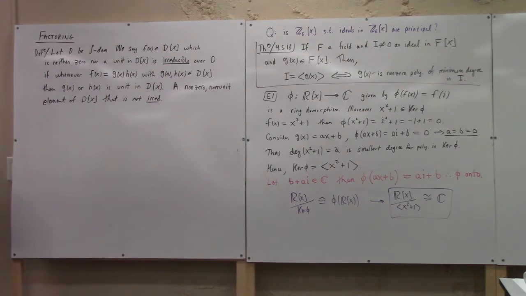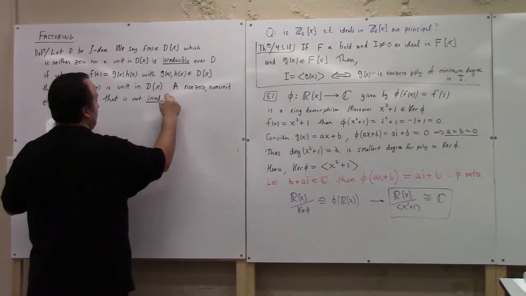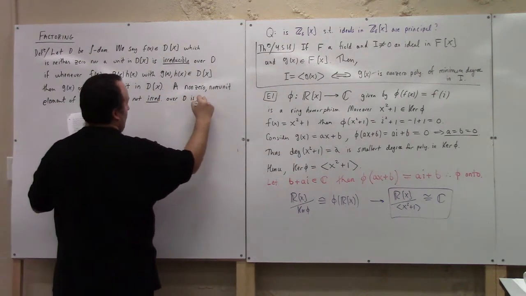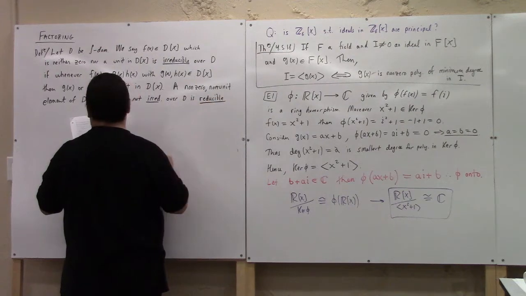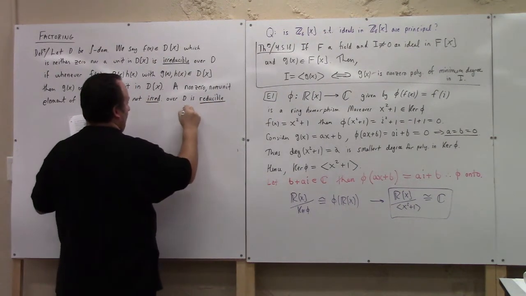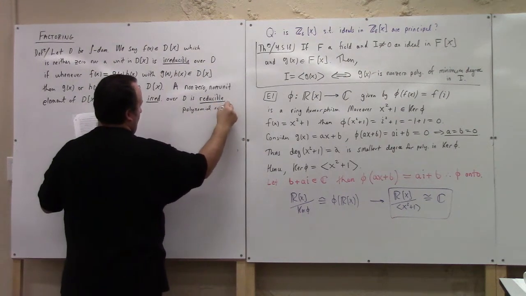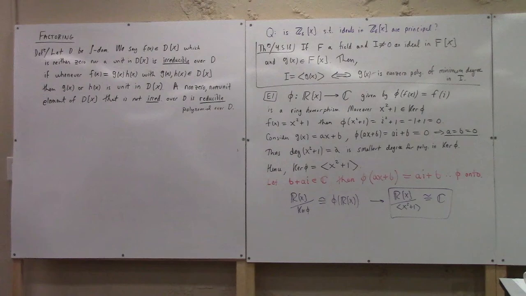It will forever now be irrid. Not irreducible over D is a reducible polynomial over D. Okay?